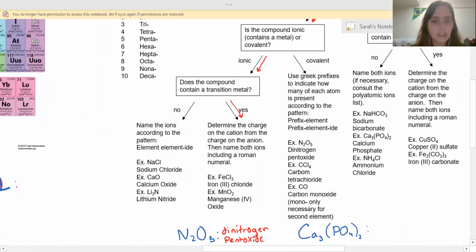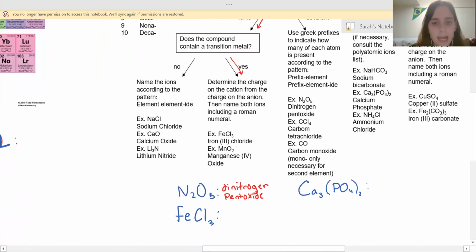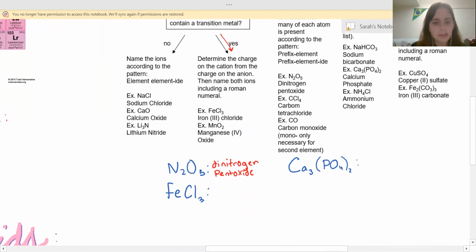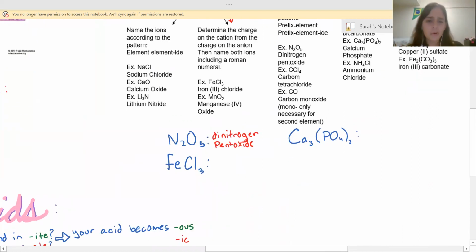Okay, the instructions say, determine the charge on the cation from the charge on the anion. Then name both ions, including a Roman numeral. So thinking back to the rules of the cation, it's really similar, except now we don't know the charge.